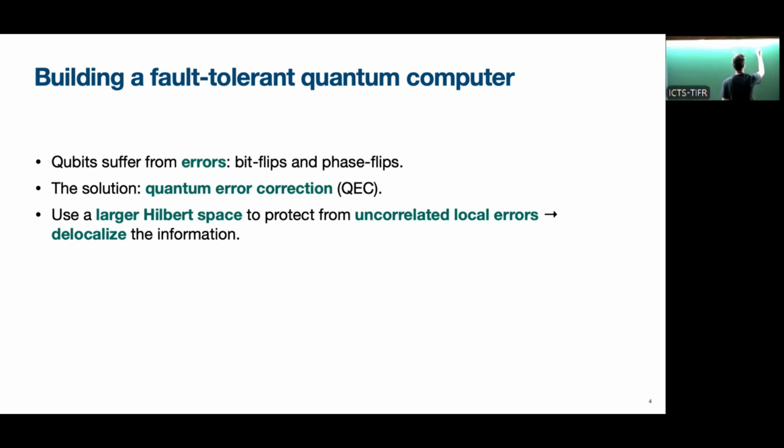But now you put many qubits together. If you suppose the errors of each qubit are local and uncorrelated, then by building this very large Hilbert space, here C to the power 2n with n the number of qubits, you'll be able to delocalize the information and protect from these errors.